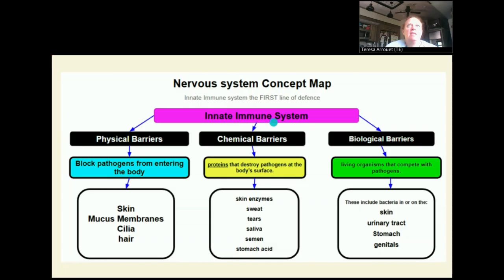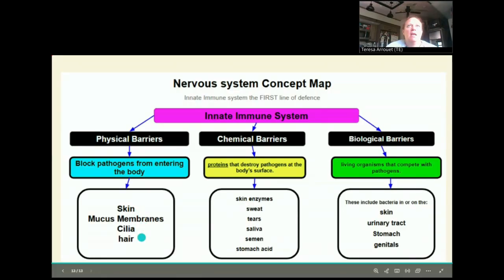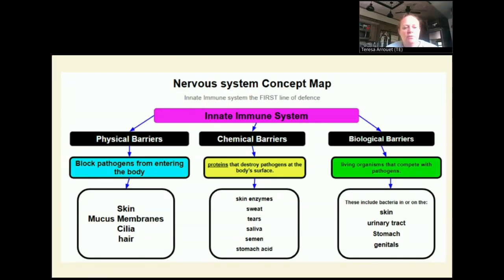So the innate immune system consists of physical barriers. Their job is to block pathogens from entering the body, and that's your skin, mucous membranes, cilia, and hair. Your chemical barriers are all those other things that he was talking about, the neutrophils, the macrophages, the histamines, all that kind of stuff.